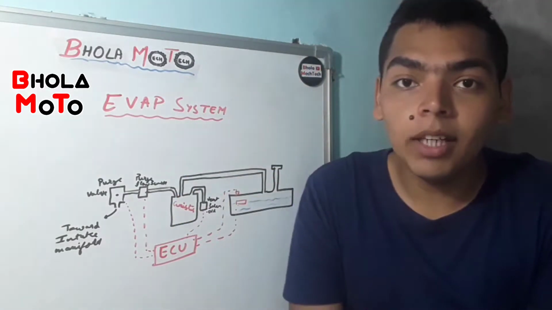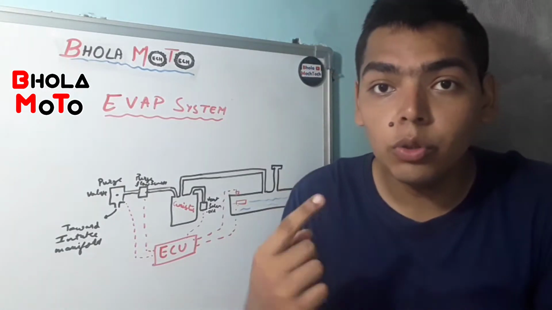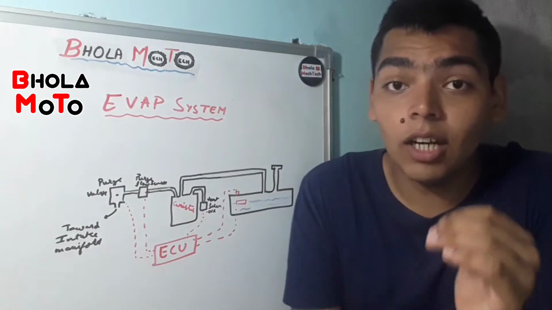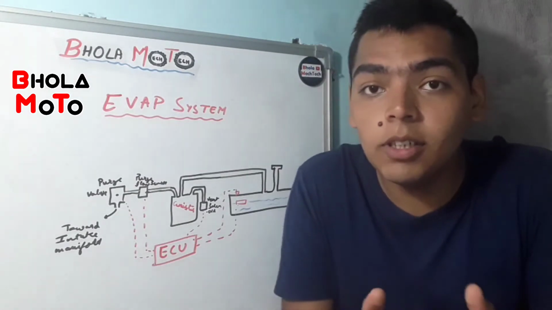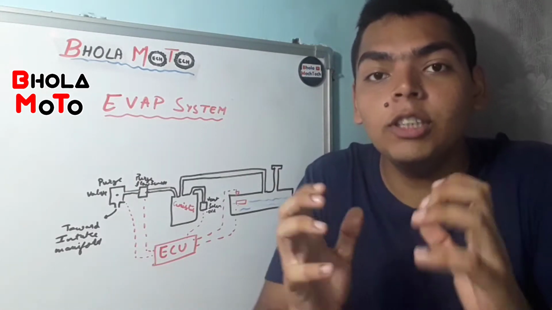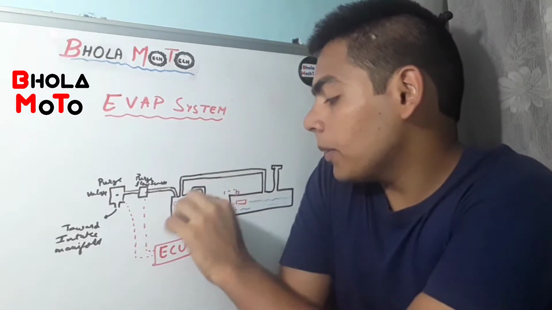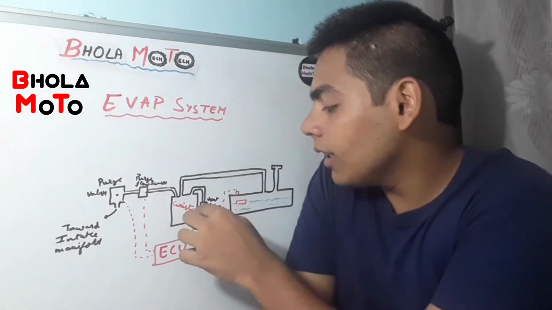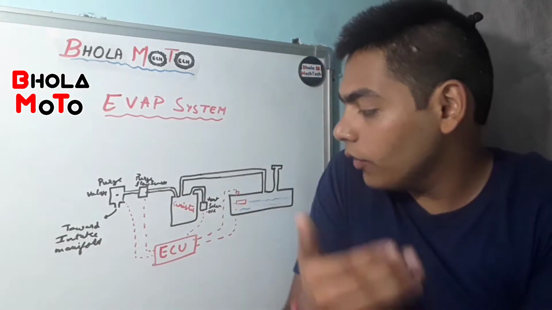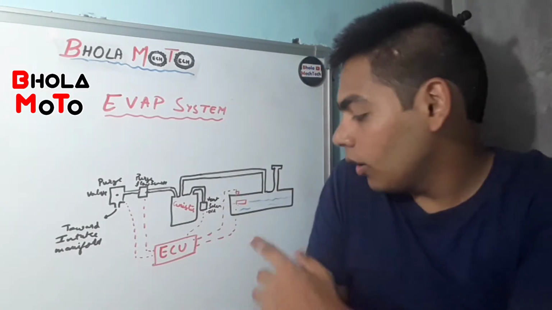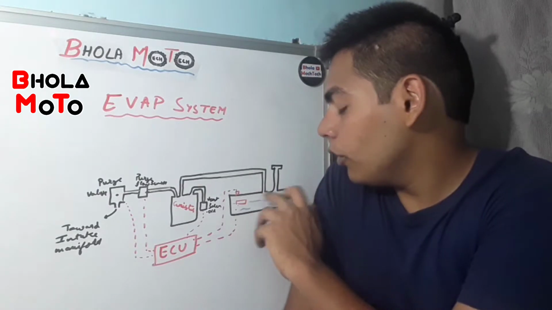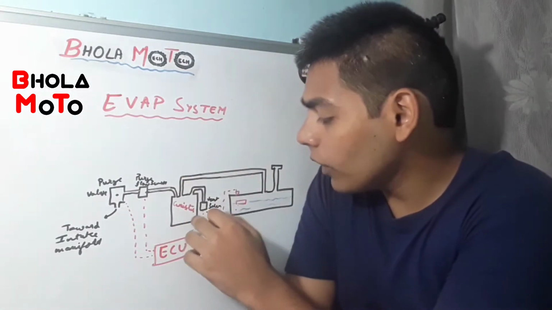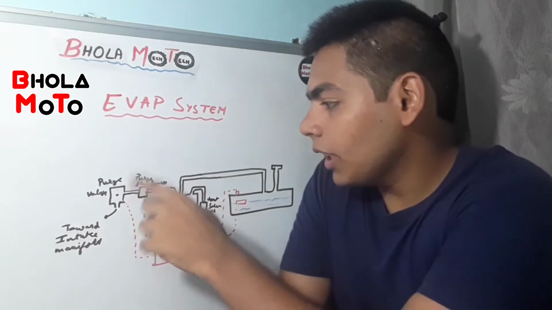In this carbon canister, there are almost 1 to 2 pounds of activated charcoal, and this activated charcoal acts like a sponge, absorbing all these fuel vapors. The rest of the air, which is also present in the fuel tank, can escape through this vent solenoid. And after that, this is connected to the purge valve.